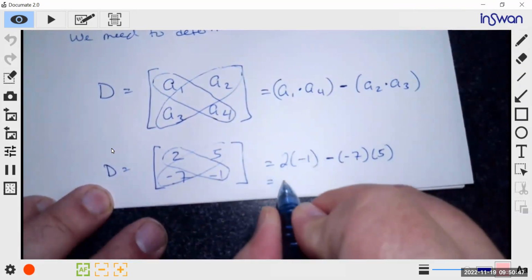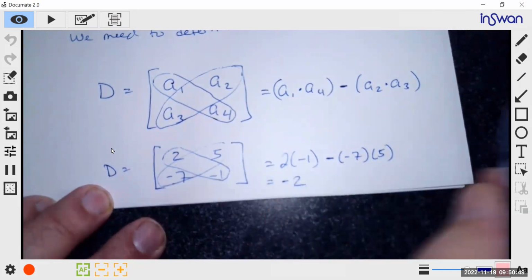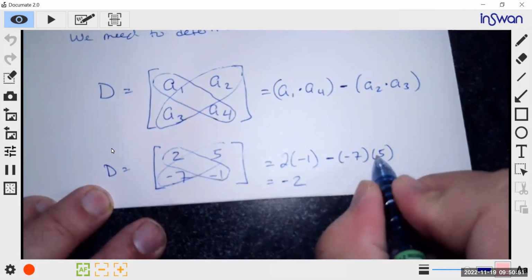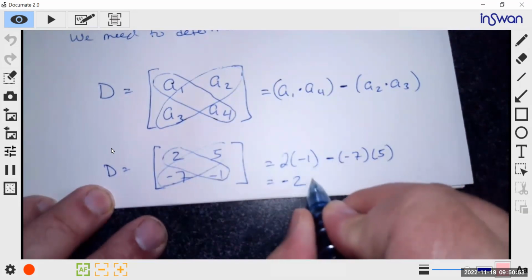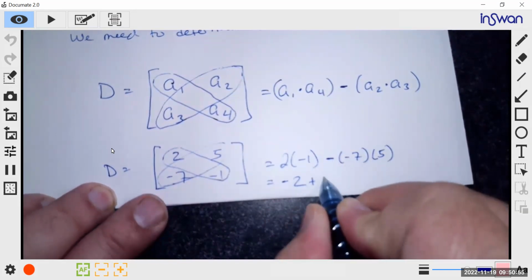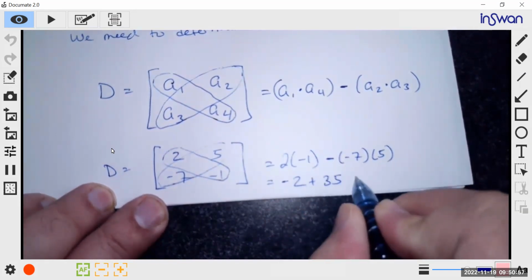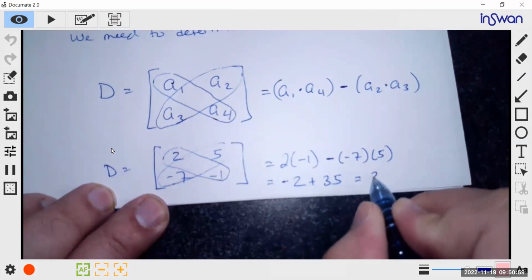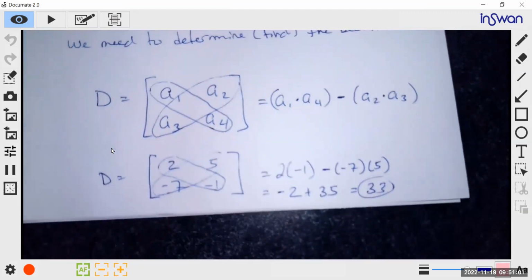Positive times negative is a negative, 1 times 2 is 2. Negative times negative is a positive, 7 times 5 is 35. 35 minus 2 is 33. And there's the value. That's just the determinant or discriminant.